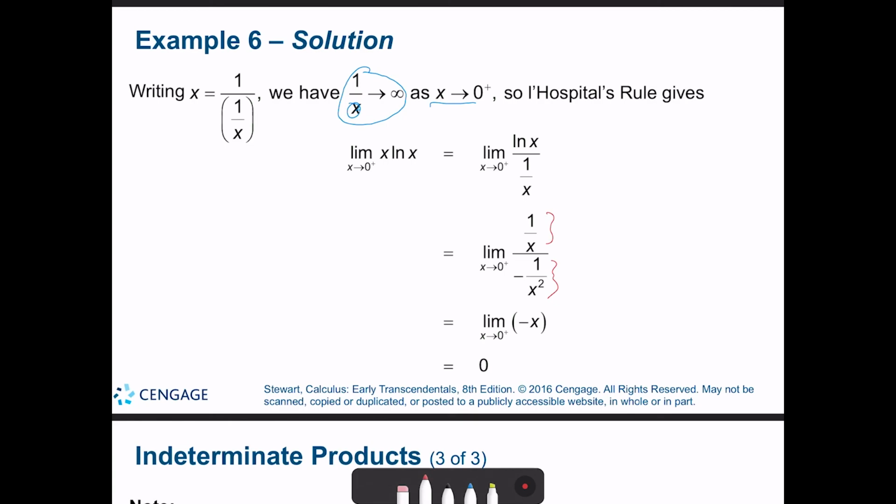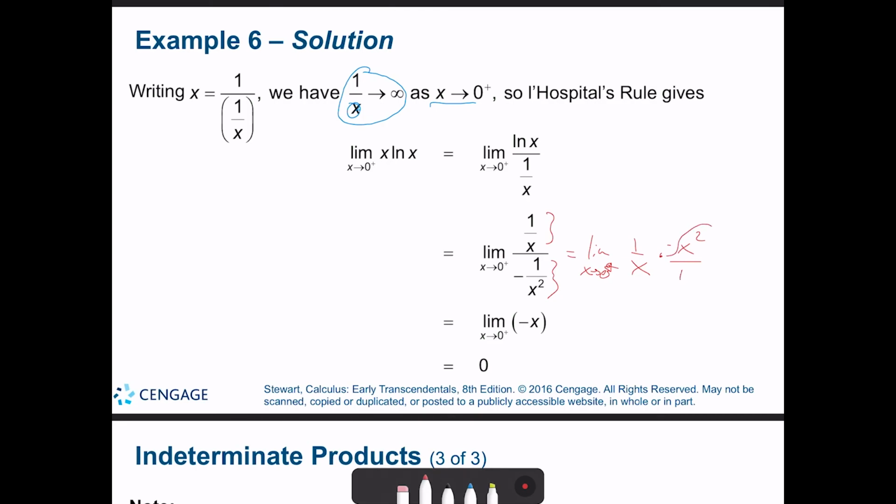Keep, change, flip. So this is the limit as x approaches 0 from the positive side of 1 over x times x squared, well, let's call it negative x squared, or positive x squared over negative 1. Wherever the negative goes, doesn't matter.